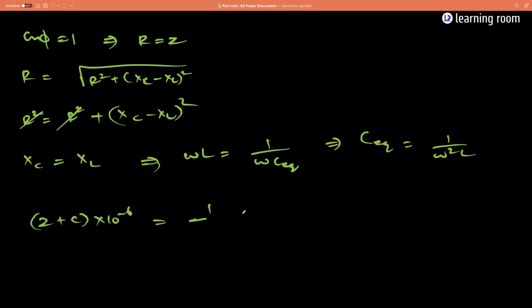This should be equal to 1 by omega square is 10 power 6 into L is 100. So this 10 power 6 goes to the other side. Then 2 plus C will be equal to 1 by 100, which implies C is equal to, how much is it?